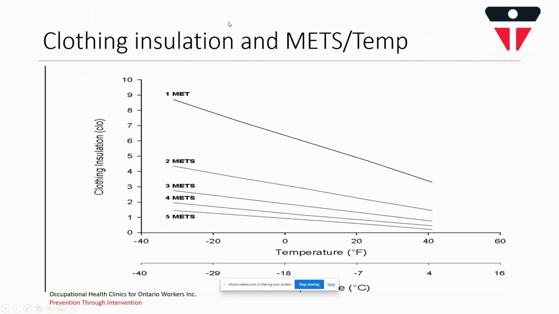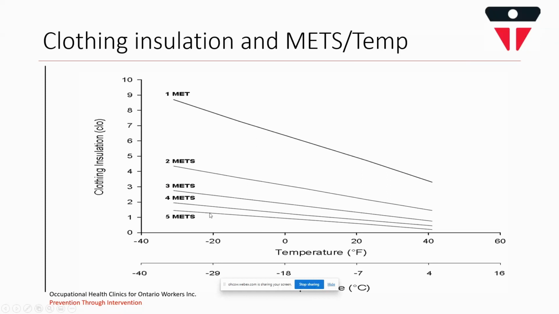So what type of clothing should we choose? It basically depends on the temperature and the level of physical activity. These lines you're seeing represent the level of activity. MET is metabolic rate. One is when the person is not moving, the least amount of physical activity, and 5 METs is a heavy physical load.